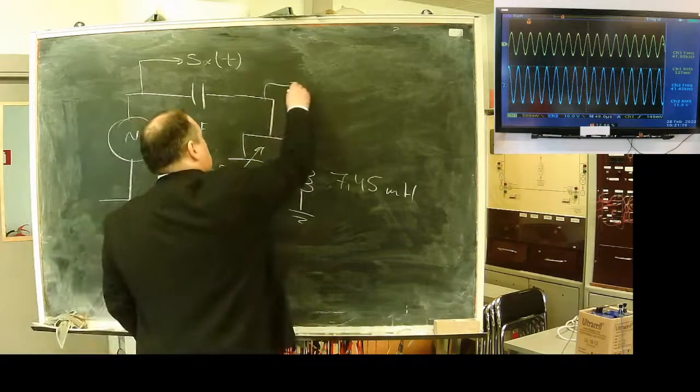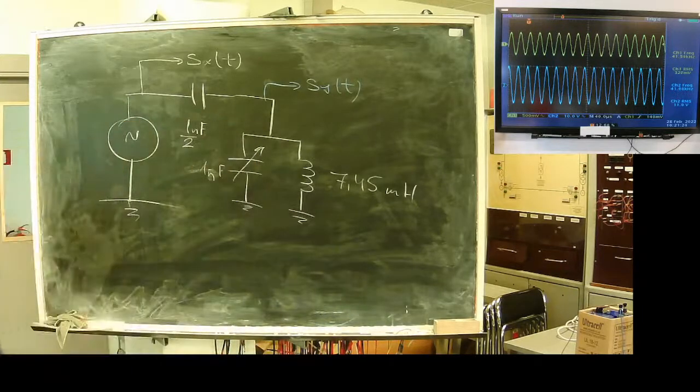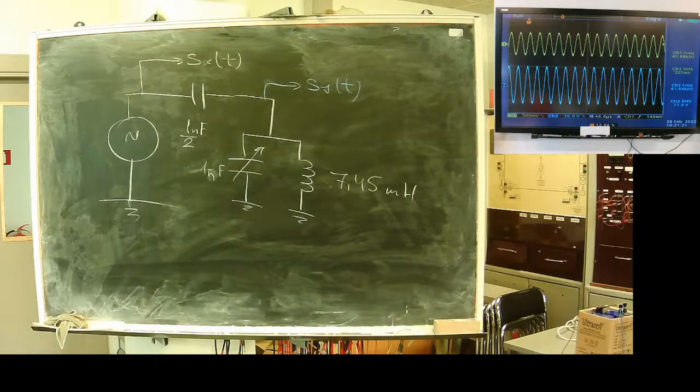Output goes as Y. I hope you can see it's a blue line on a scope. Simple experiment, isn't it?